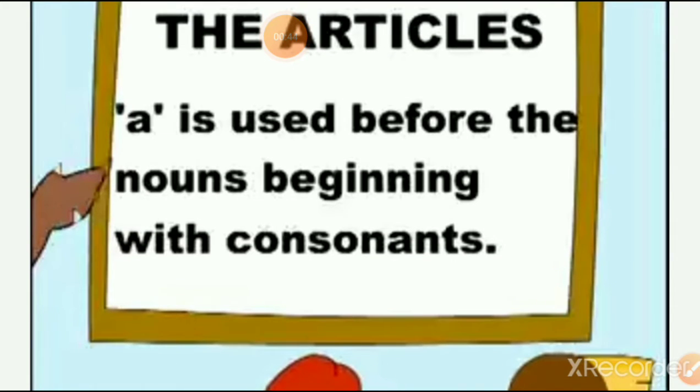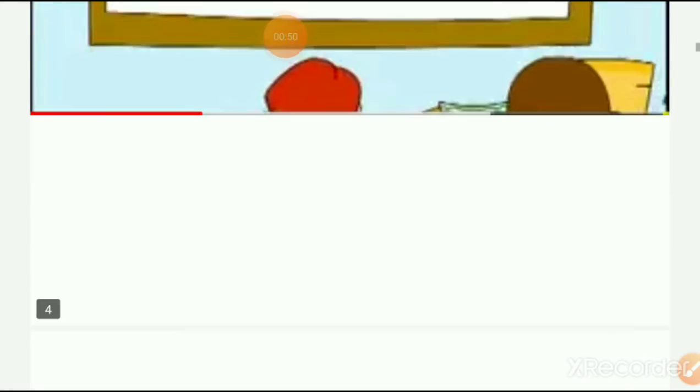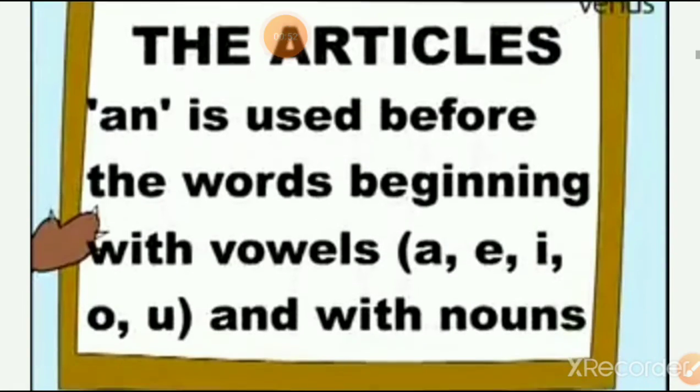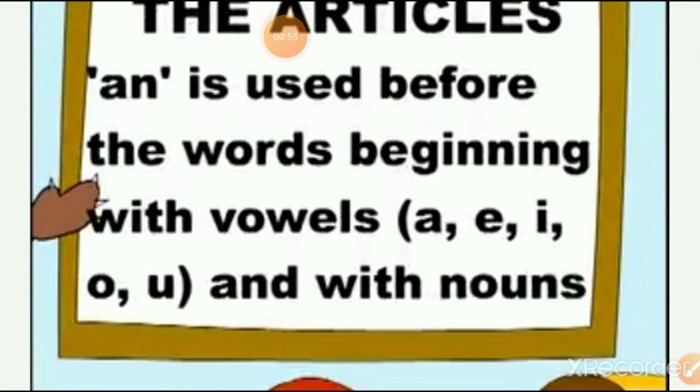The article a is used before nouns beginning with consonants. The article an is used before words beginning with vowels a, e, i, o, u.